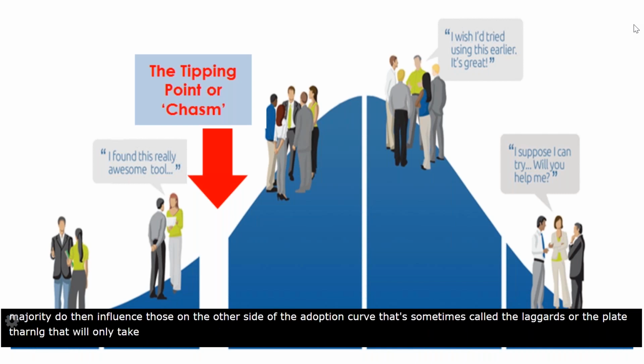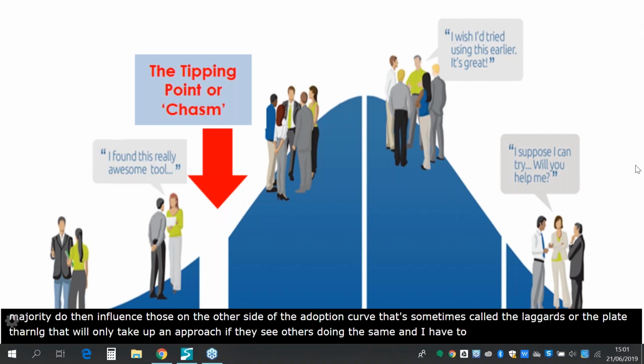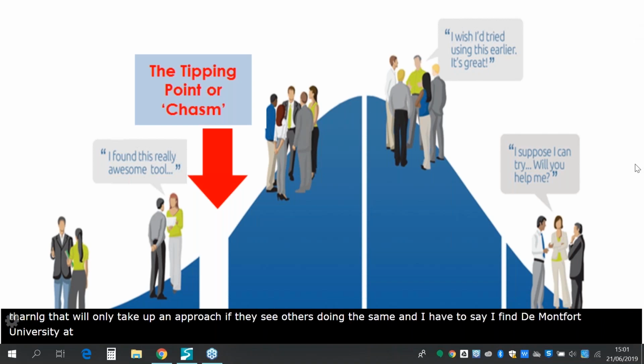And I have to say, I find De Montfort University at the very top of this pinnacle now, because we have got the majority on board. But what is important is this embedding and maintaining, and the outcomes from UDL at an institutional level will have that impact of taking forward the late majority.